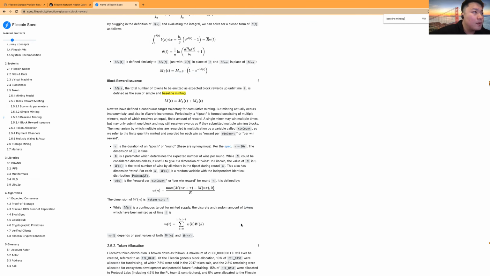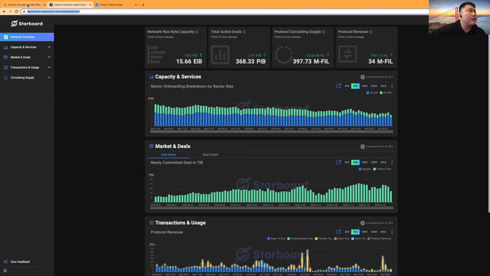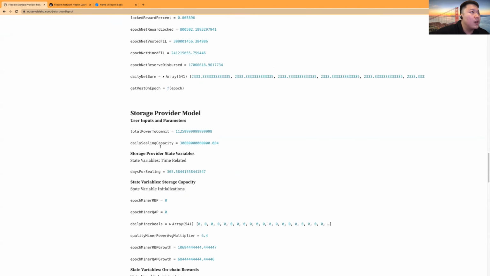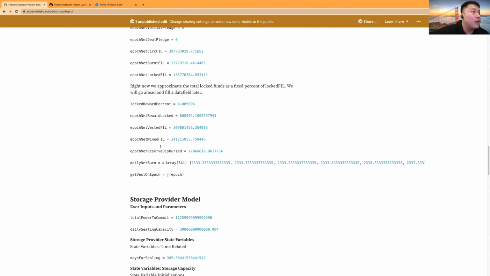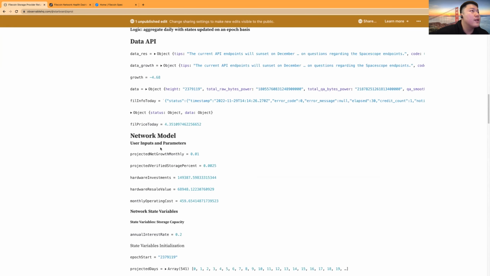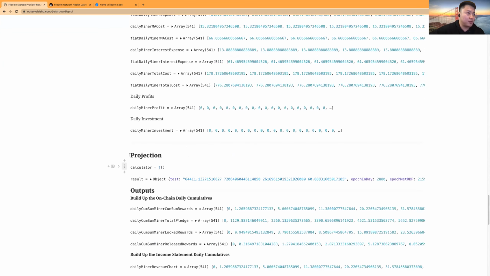So the main reason is, okay, let me do it this way. By the way, guys, if you want to look through where the algorithm is, there is a gigantic simulation function here. There's a section called projection. There's a calculator.